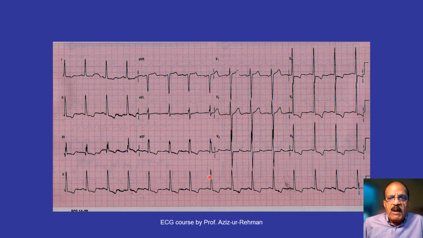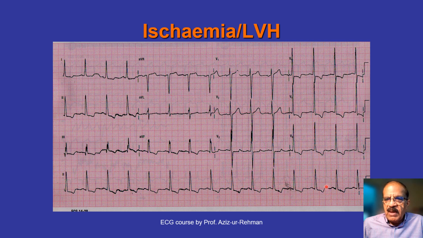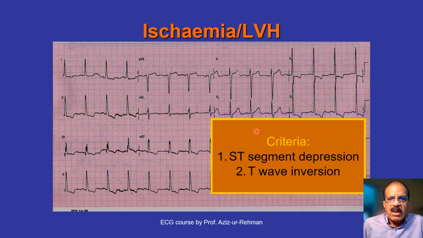We are more dependent on troponins in NSTEMI than we are in STEMI. So this is, I think, either persistent ischemia or left ventricular hypertrophy with strain pattern. So the history and the troponins will be very, very helpful in this case. Same criteria.